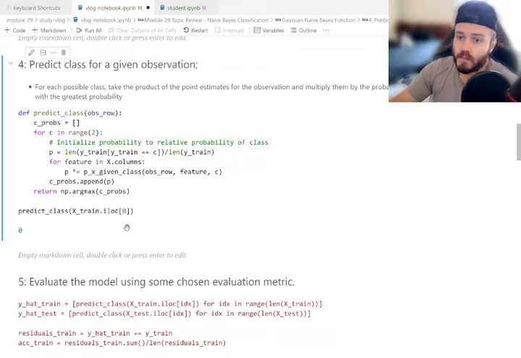So whichever class has the greatest probability after you've calculated all your point estimates for each feature, you're then going to select that class, and that's what you're going to classify that observation as, which in this case is 0.